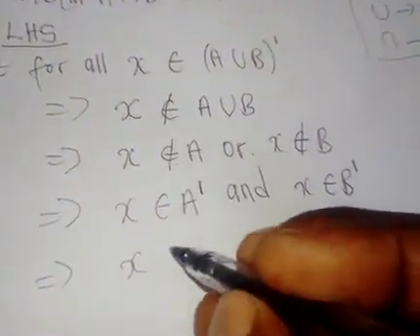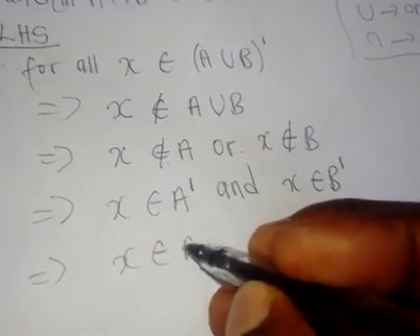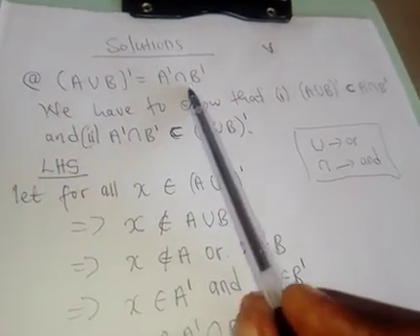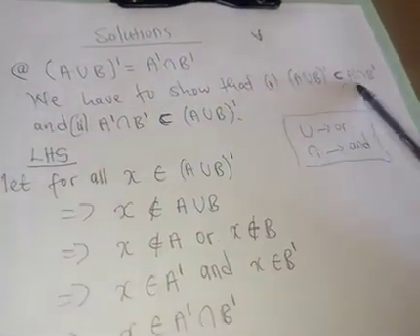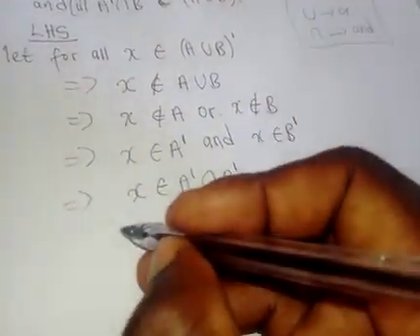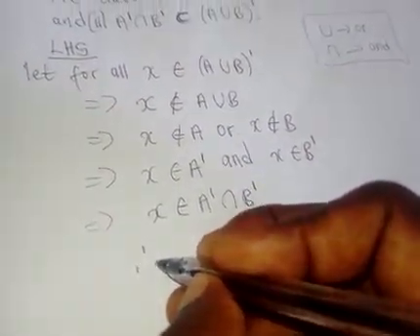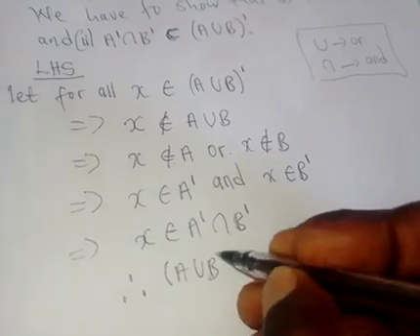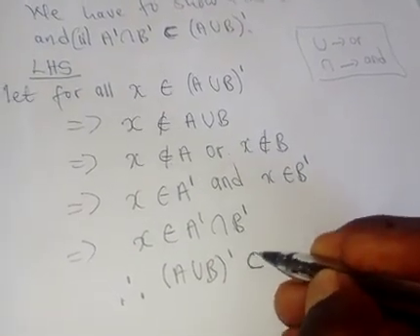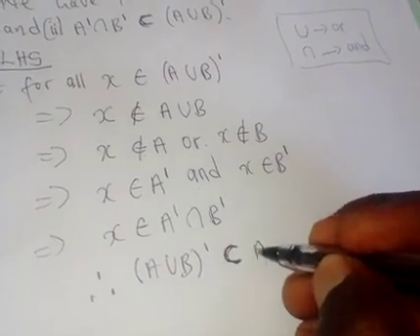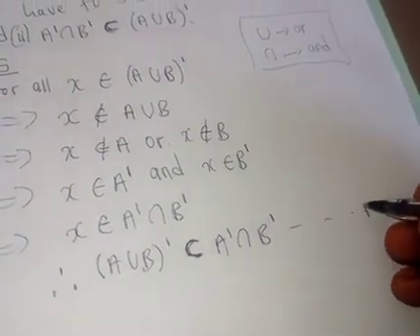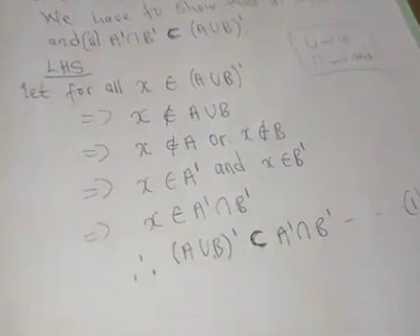So x is therefore a member of A complement intersect B complement. So we have moved from left to right hand side. We have just proven the first statement. At this point you can say, therefore, what we started with, (A union B) complement, is a subset of A complement intersect B complement, and you can let this be your first statement.